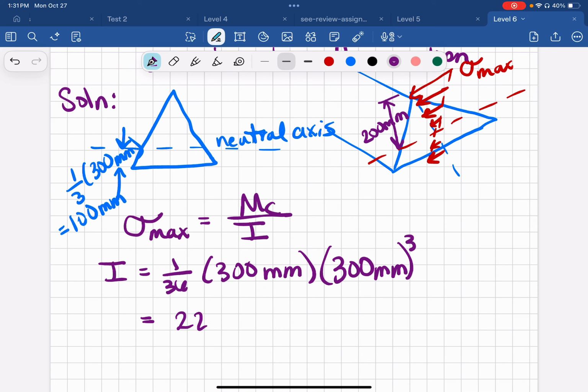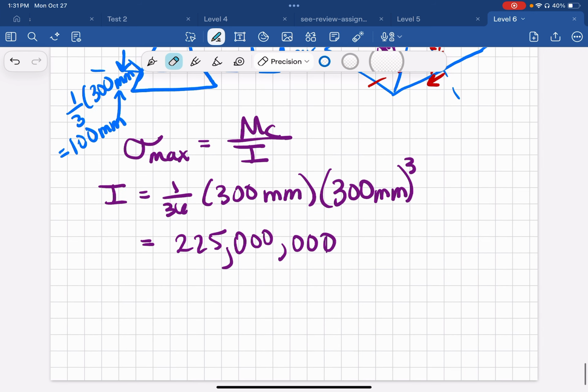So we get 225 and then 1, 2, 3, 4, 5, 6 zeros, and that would be millimeters to the fourth.